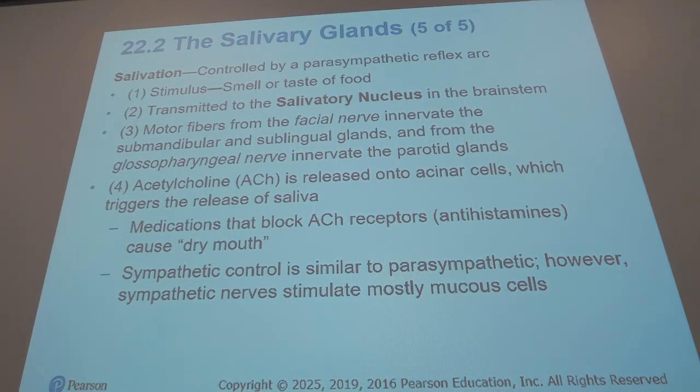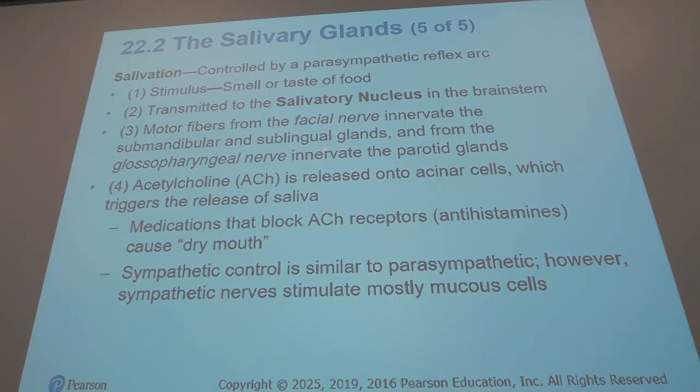The process of salivation is partly given by the parasympathetic system in an arc. The stimulus for salivation is someone perhaps describing food to you, smelling food, even thinking about food. If you're hungry, you start thinking, wow, I wish I could have pizza, whatever. You start thinking food, and that's your stimulus. Then that stimulus will be transmitted to the salivatory nucleus in the brainstem by the glossopharyngeal nerve.